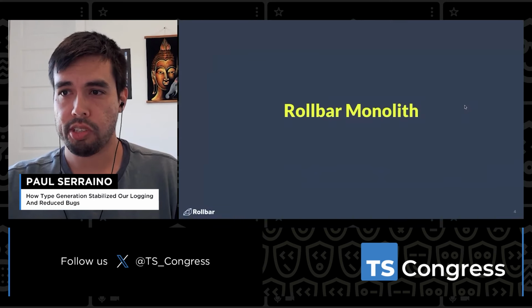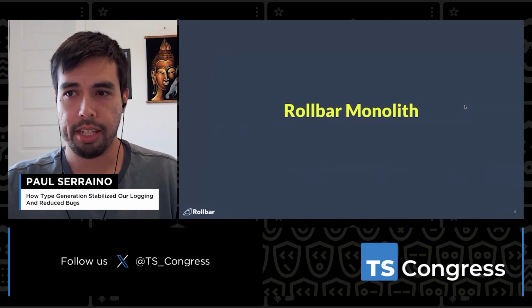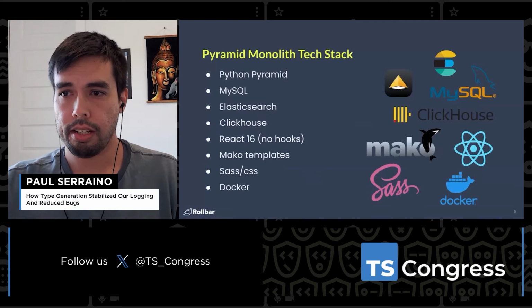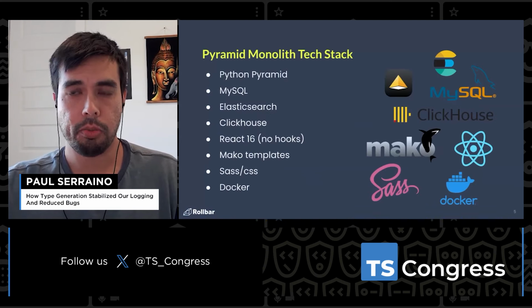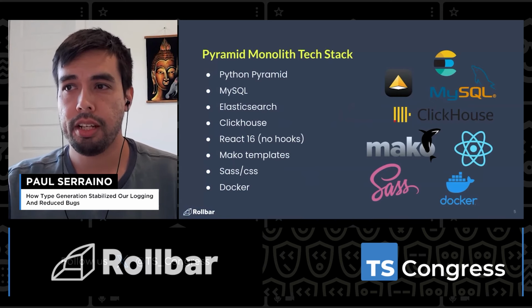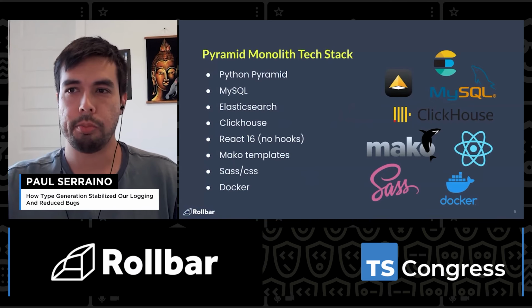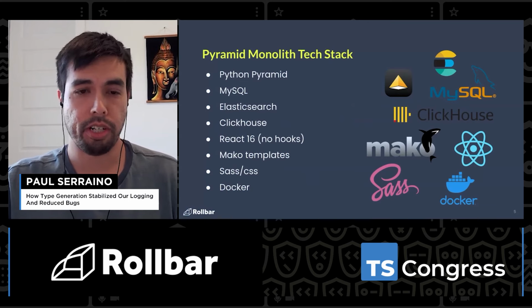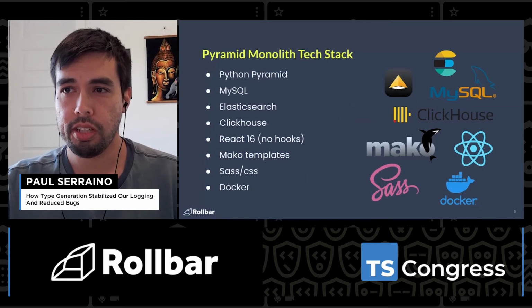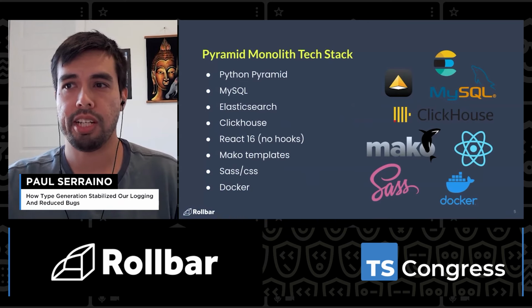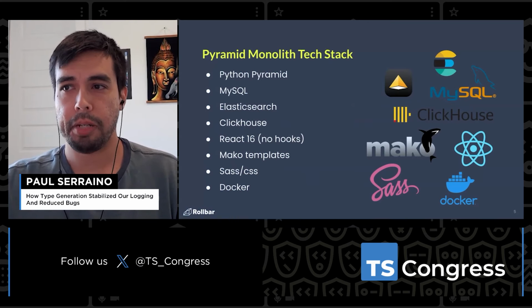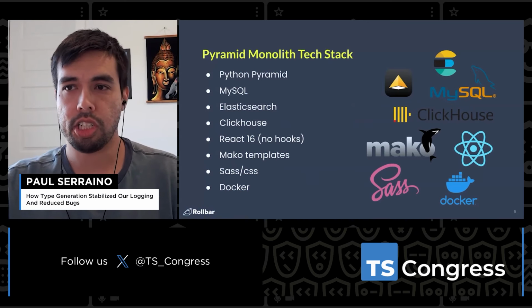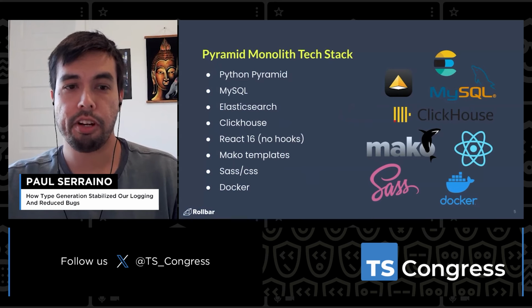Okay, first, let's go through the monolith application. The monolith tech stack is built primarily on Python Pyramid, a web framework that's similar to Django, Ruby on Rails, or Express. We're using a number of different database technologies like MySQL, Elasticsearch, and ClickHouse. And the front end is written in React 16.